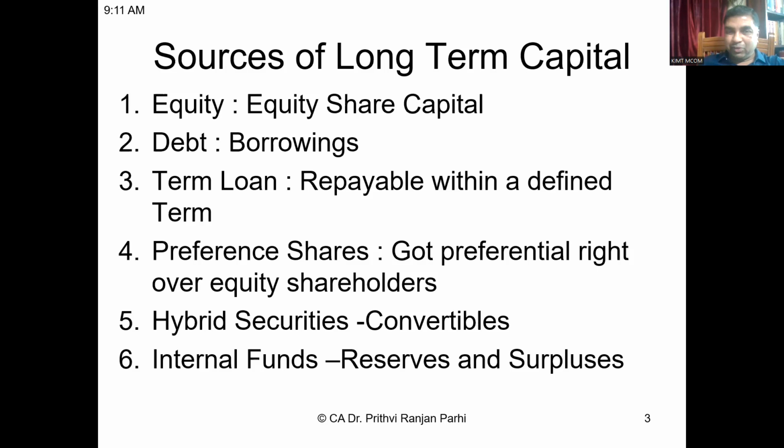You must be knowing this loan is repayable within a particular period, maybe 5 years, maybe 3 years, maybe 8 years. So within a term of, let us say, 5 years, you have to pay the entire loan in the form of EMI, equated monthly installments. Since it is repayable within a fixed term, this kind of loan is called a term loan.